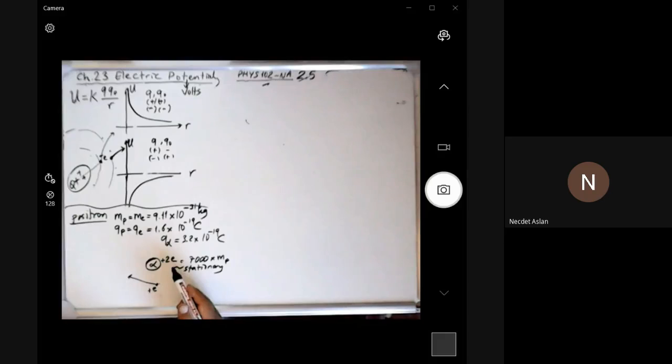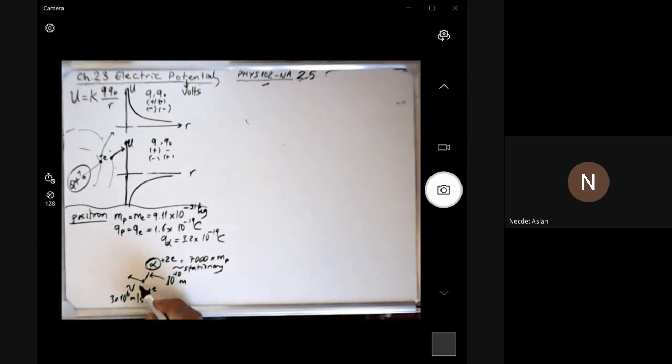Now, when the positron is 1 times 10 to the minus 10 meters from the alpha particle and is moving directly away from the particle with a given speed, so when the distance between them is just 1 times 10 to the minus 10 meters, 1 angstrom, then the speed is given as 3 times 10 to the 6 meters per second.